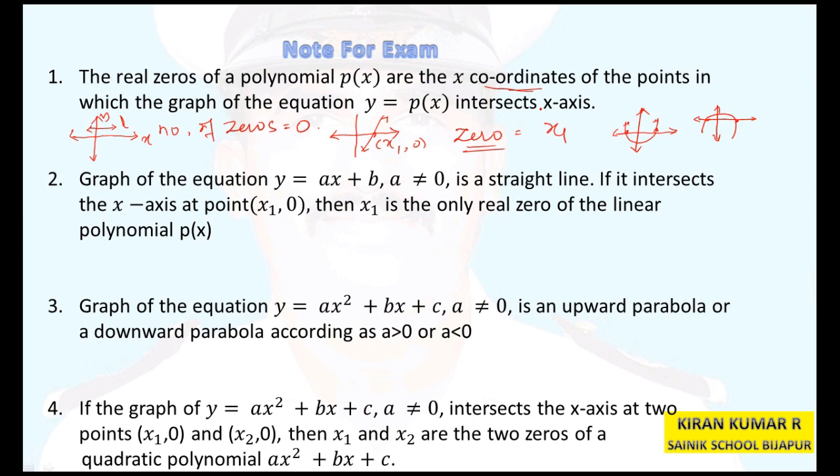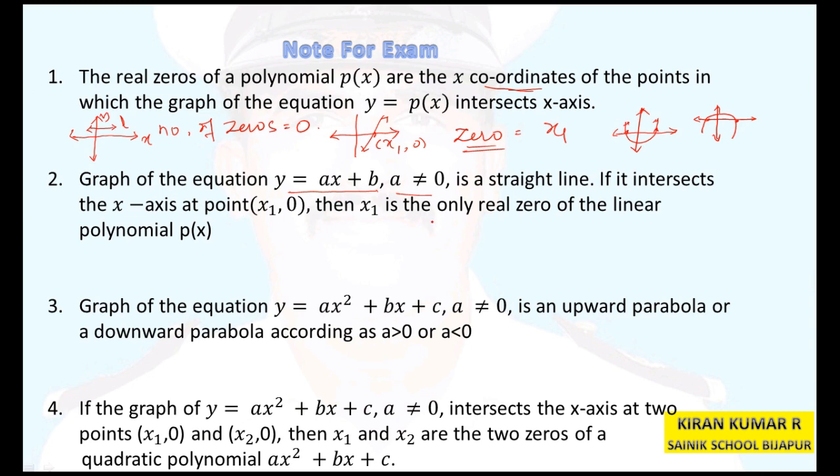Look at the second point. The graph of the equation y is equal to ax plus b, a not equal to 0 is a straight line. If it intersects the x-axis at x1, 0, then x1 is the only real zero of the linear polynomial p of x. Look at this, y is equal to ax plus b, where a not equal to 0.